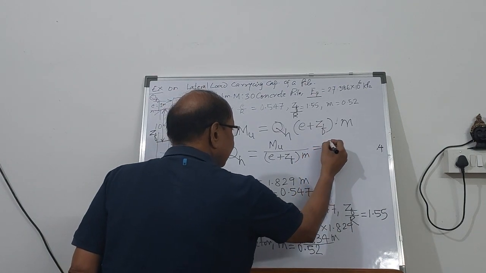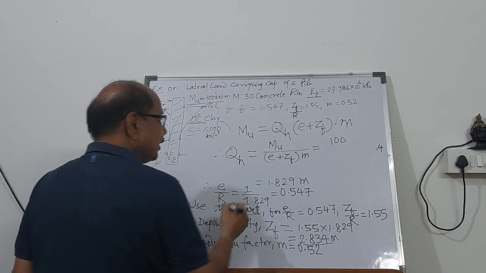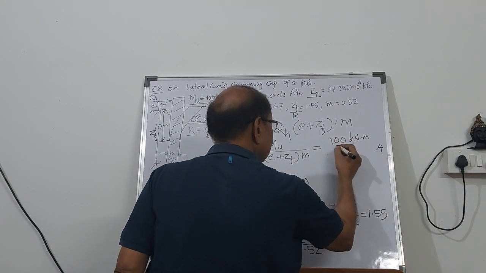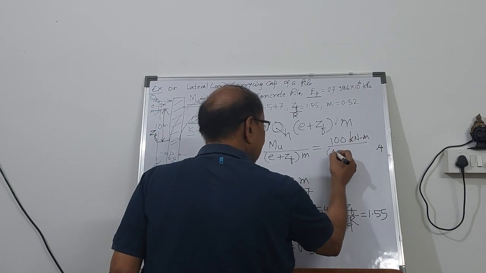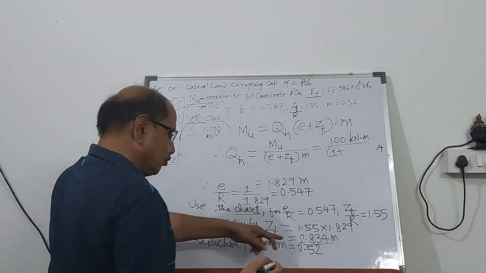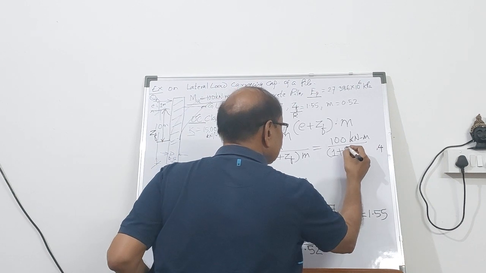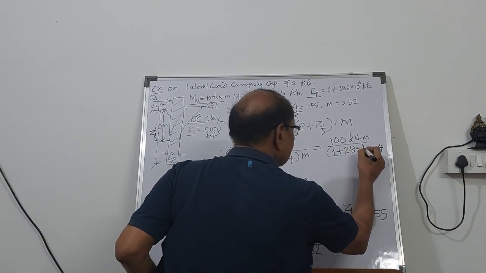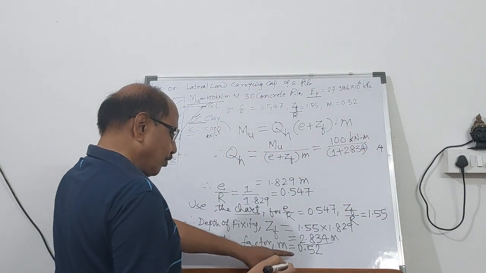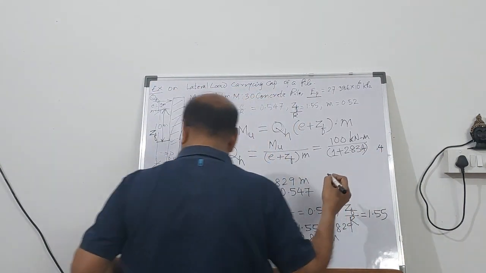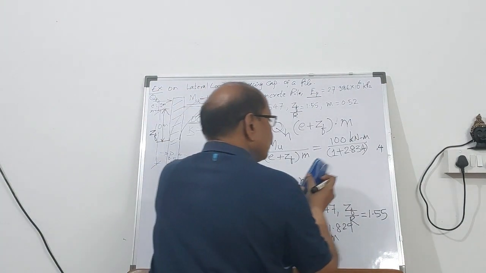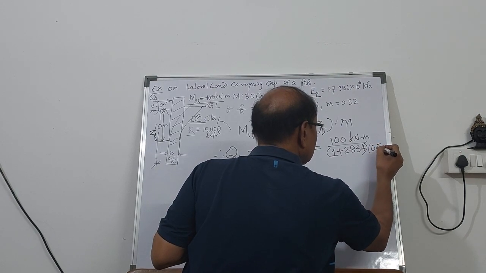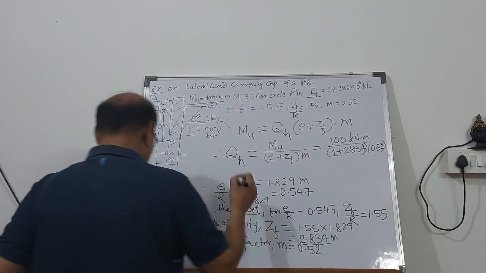If you substitute the value, Mu is already given to you as 100 kilonewton meter, divided by e is 1 meter, ZF you have calculated 2.834 meter, and the value of m from the chart is 0.52. So calculate QH.